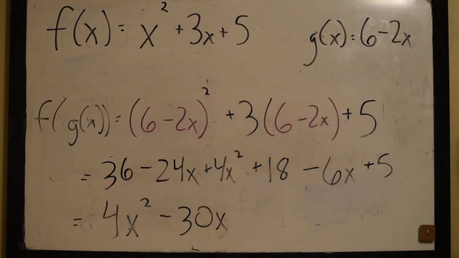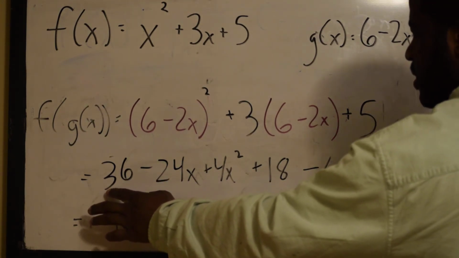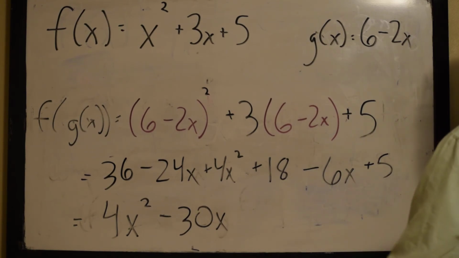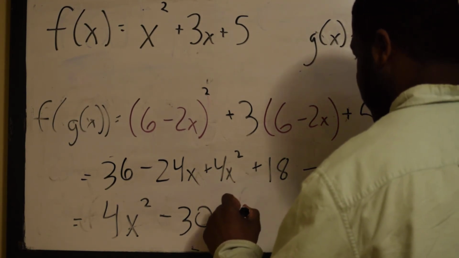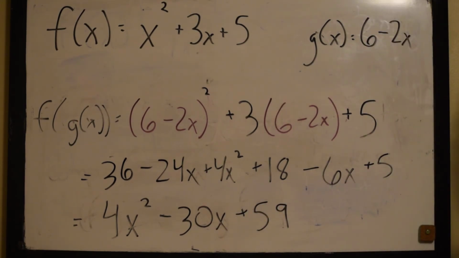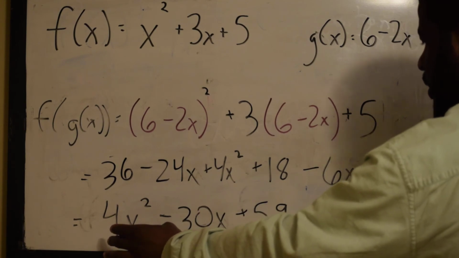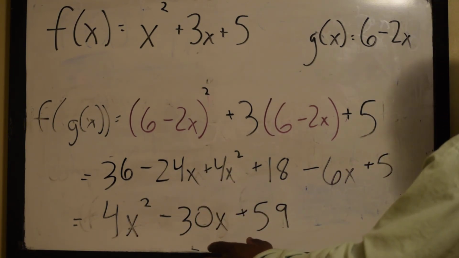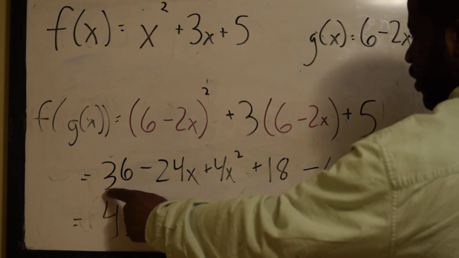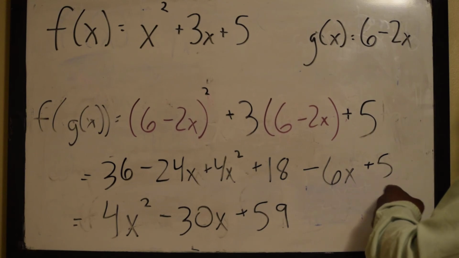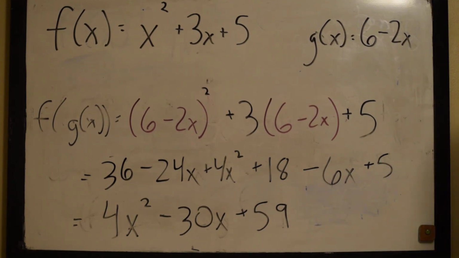And then I look at my whole numbers. 36 plus 18 gives us 54, and plus 5 gives us 59. So that's 4x squared, negative 30x, plus 59.